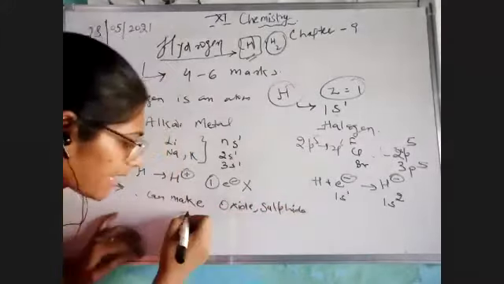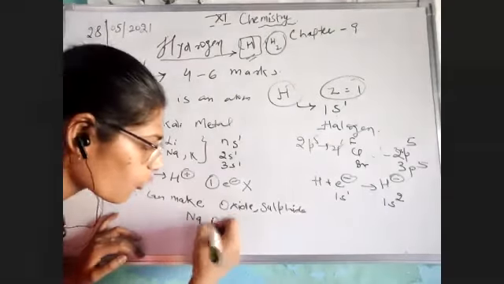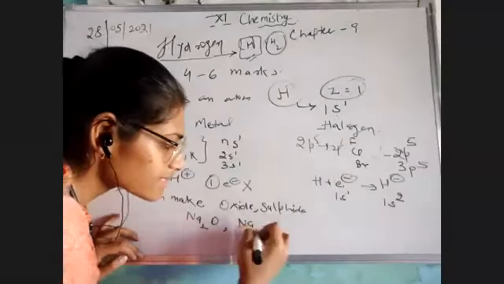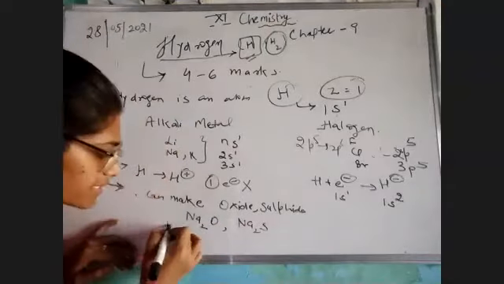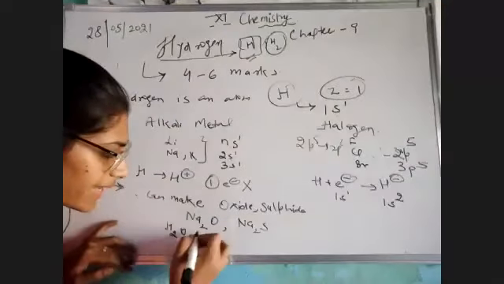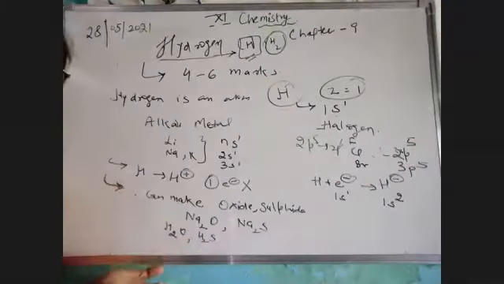Like Na is making Na2O, Na2S, same as hydrogen is making H2O, H2S. This is the first physical property which is resembling with alkaline metal.